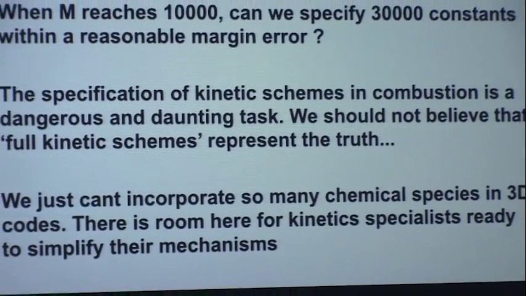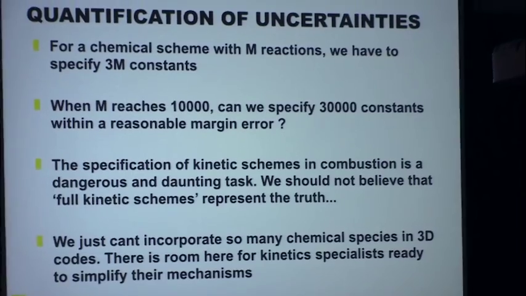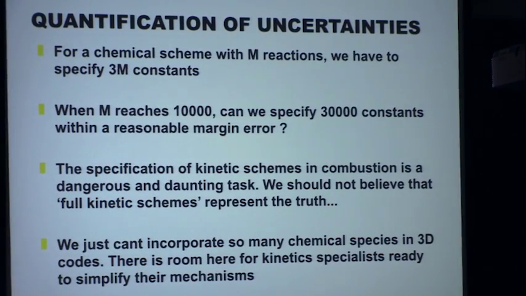The kinetics expert today, my colleague Haiwang next door, is going to be talking probably about schemes which can have 10,000 to 15,000 reactions. So there's no way you can use that in a code, okay, in a 3D code. I will show you the limits actually of what you can do depending on the number of dimensions of the code. The thing I would like to also mention here from a very practical point of view, if you don't understand anything about kinetics, is that if you have one reaction, you have three constants.